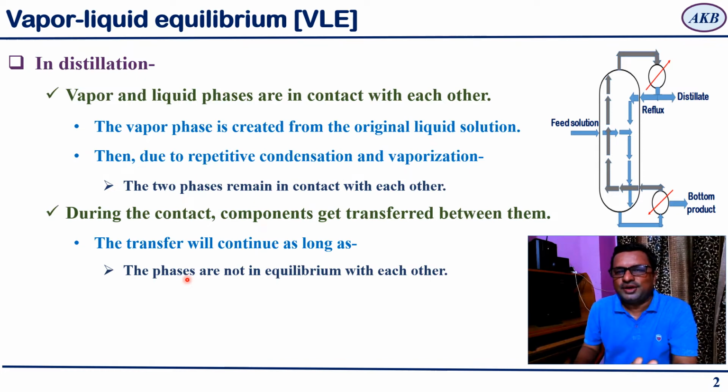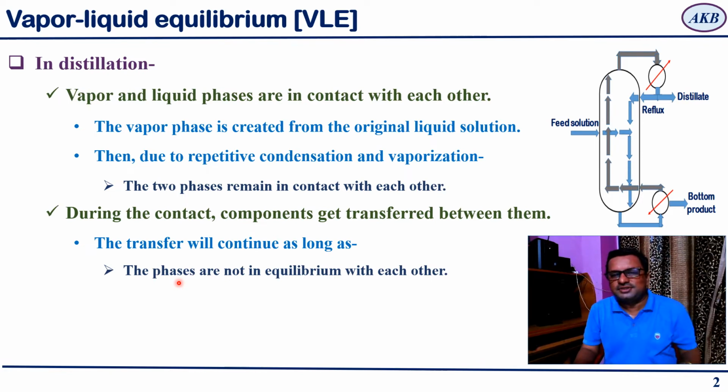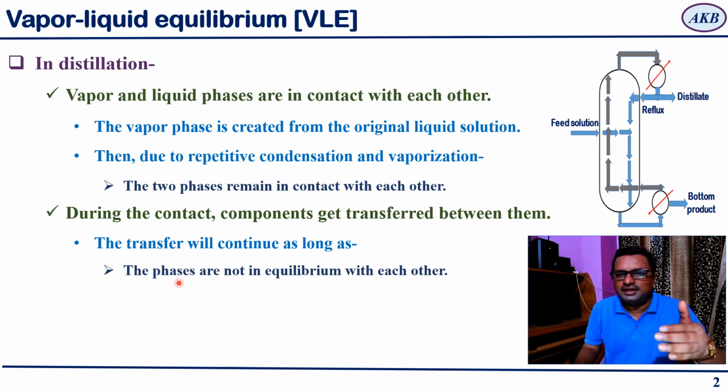So the point is, for successful distillation, we need those two phases to be away from equilibrium. So how equilibrium is reached, it is important to understand how quickly, or what time is required, to attain the equilibrium state and how it is achieved.